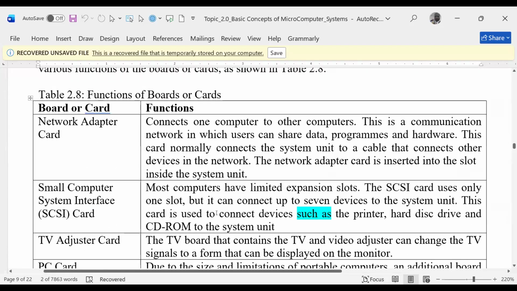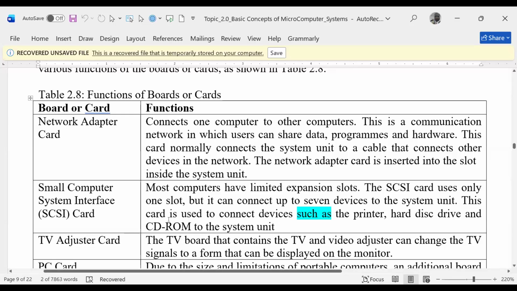The network card connects a computer to others through cable. And this card supports you to connect so that your computer forms part of the network to share resources.